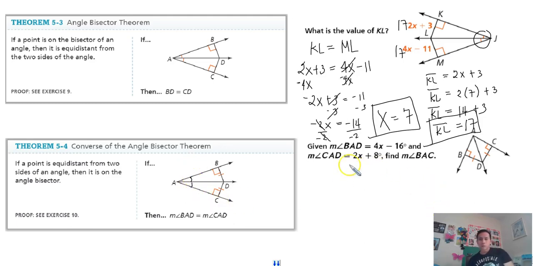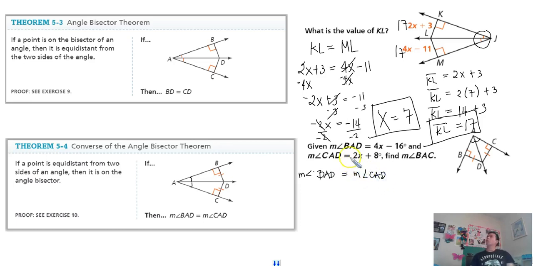So in here we are looking at, given BAD is 4x minus 16, and CAD, oh, they are congruent based on the illustration that we have. So we can set up that the measurement of BAD is equal to the measurement of angle CAD.